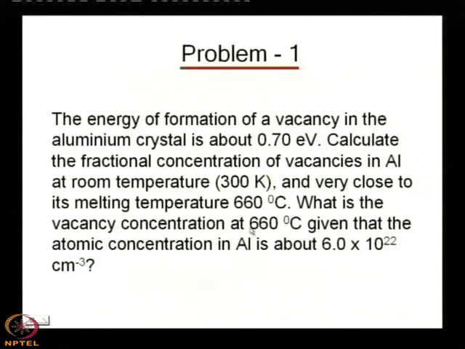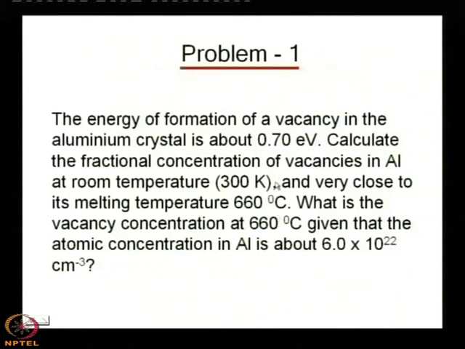What is the vacancy concentration at 660 degrees centigrade, given that the atomic concentration in aluminum is about 6 into 10 to the power 12 centimeter cube inverse? So, you have to calculate the fractional concentration of vacancies at 300 K and 660 degrees centigrade.